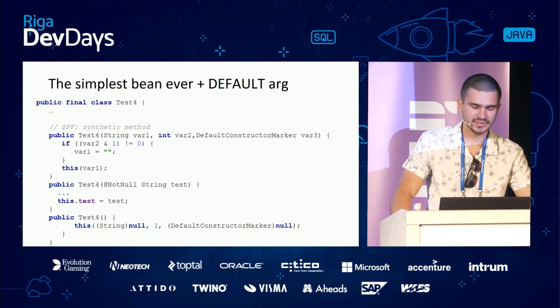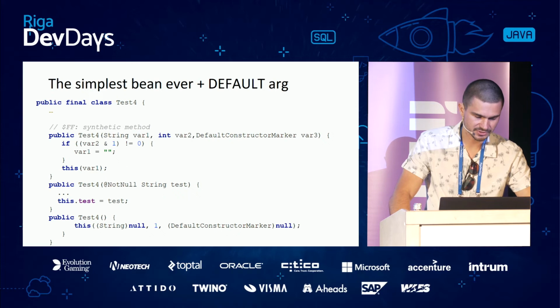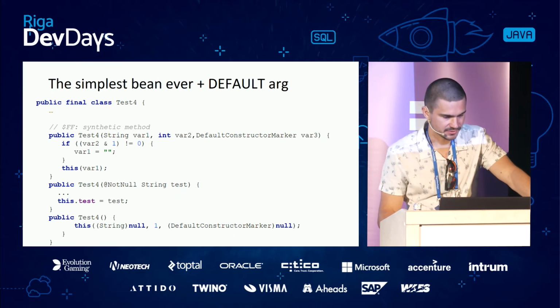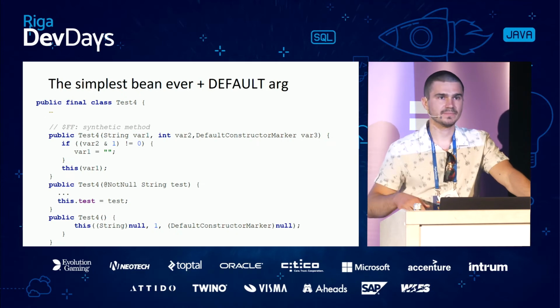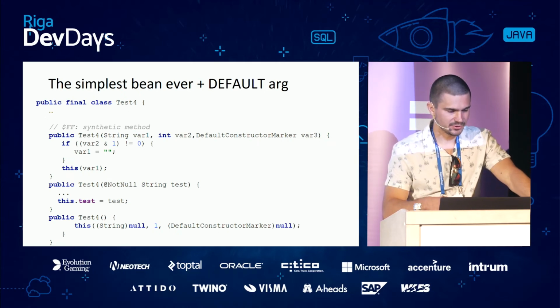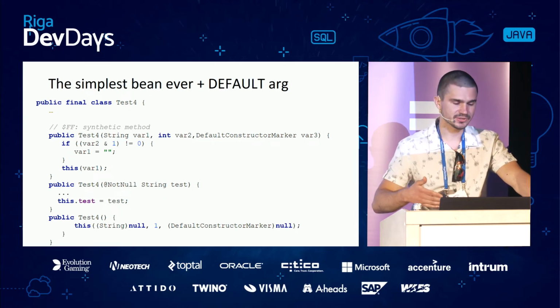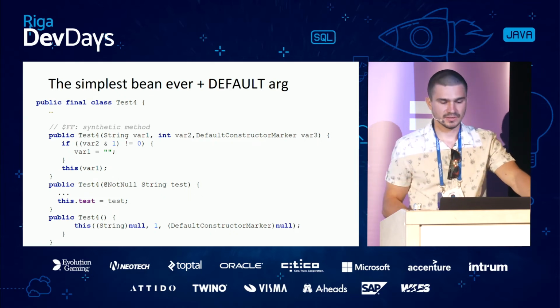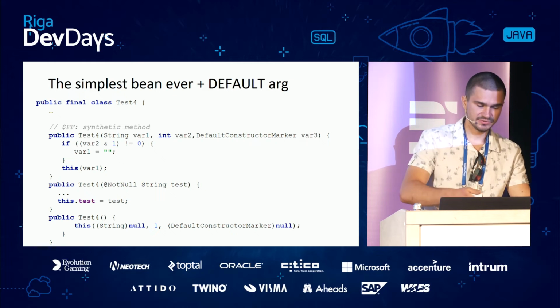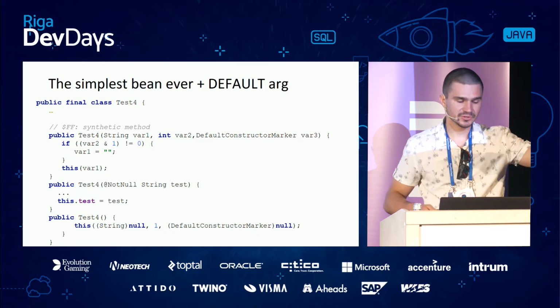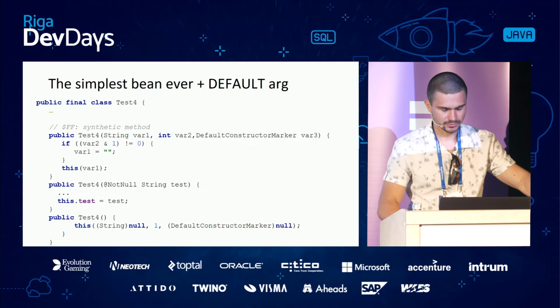It will work the same way as in Java, but also we will have a default constructor which calls another one, a synthetic constructor, as you can see. The idea is to pass a bit mask which will compare which arguments of the constructor are not passed from the client, and if the bit is turned on, in this case we will use the default value.